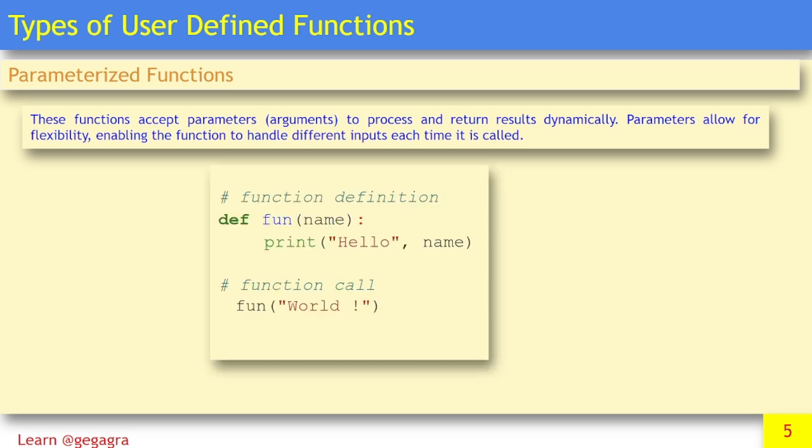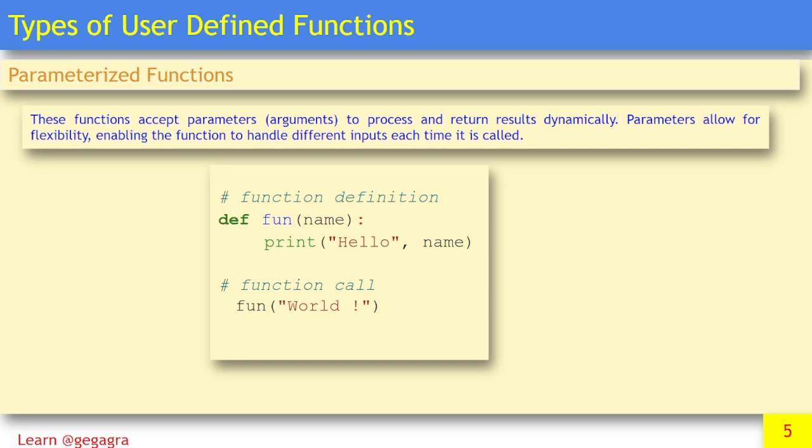For example, if you see this example, def fun(name): print hello and name. This is the user defined function, and it will not be executed unless you call it like this, fun("world"). When this program is executed and the function call is made, it will go to the user defined function fun, with the value you pass as the argument.